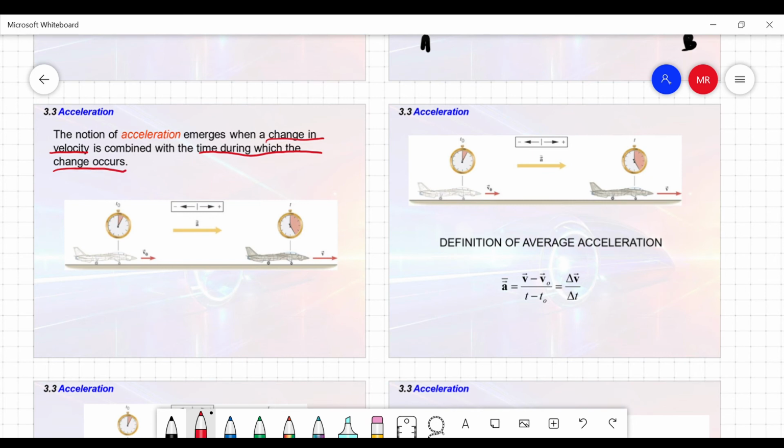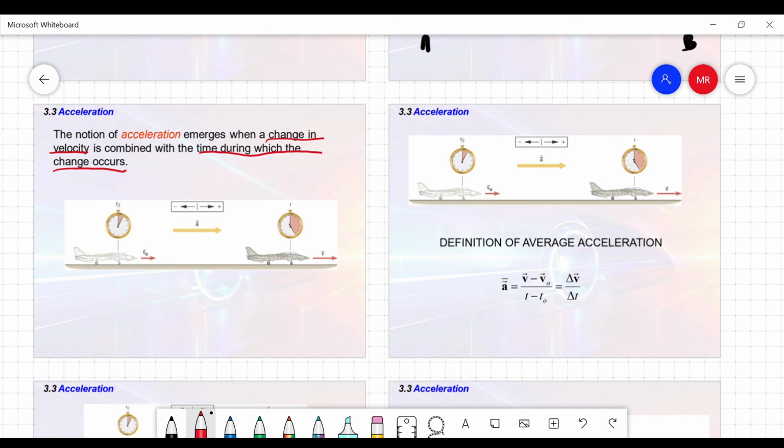Okay? So, tandaan niyo yan, change in velocity. Kapag walang change ng velocity, therefore, walang acceleration. Nagkakaroon ng acceleration kapag nag-change ang velocity. Pag sinabing velocity, it's either the magnitude or the direction changes.